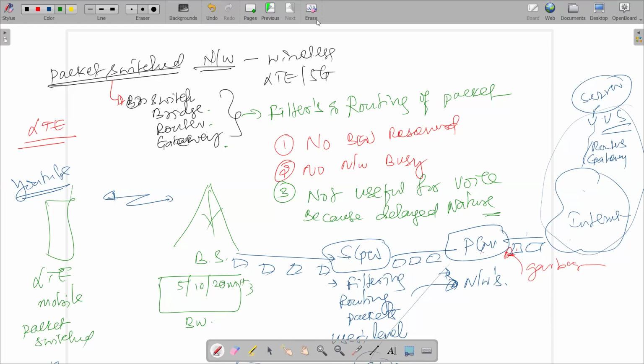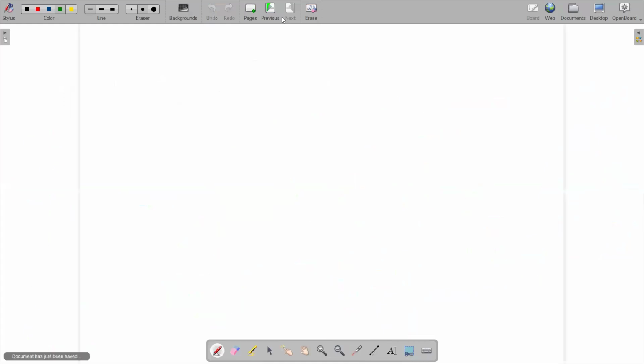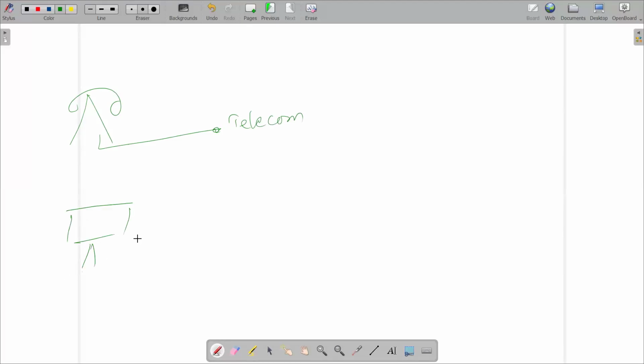So packet switching is not useful for voice. In the 1990s and early 2000s, people used to have a landline, which is connected to the telecom network, and a PC, which is connected to the internet.